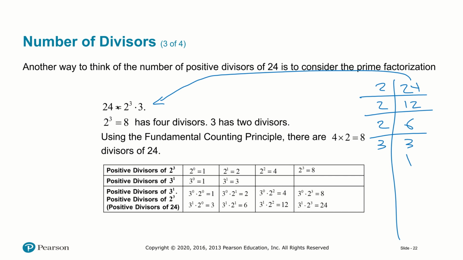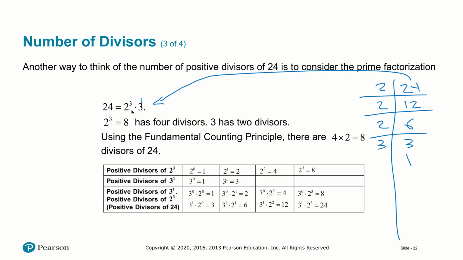So once you've written a number in its prime factored form, all you have to do to figure out the number of divisors of that number is take each of the exponents for the unique bases, add 1 to them, and multiply them by each other.